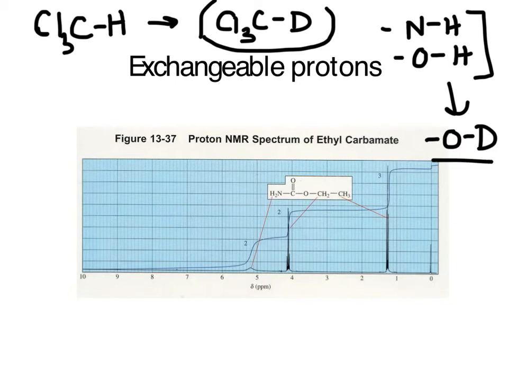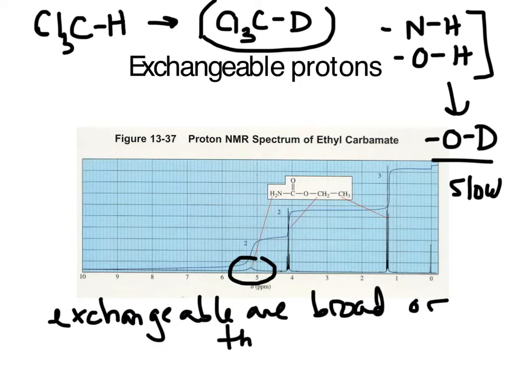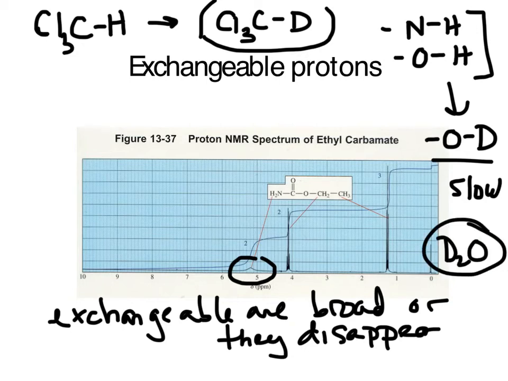What happens is often in many solvents that exchange is slow. And so you do still see a peak, but it's very broad. And so exchangeable signals turn out to be broad, or they disappear depending on the solvent. We'll talk more about this in class, but in certain solvents you'll see it disappear completely, such as D2O, which has a fast exchange rate.